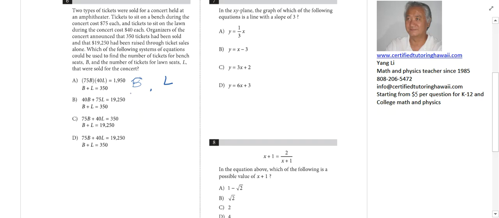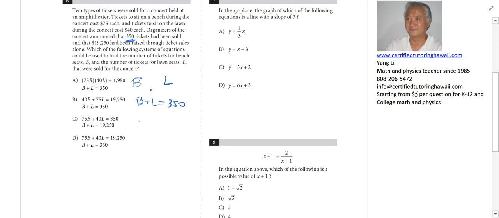Okay, so what we're gonna do is we know that B plus L. They told you the total of how many tickets sold? They told you 350 here. So that's why you have 350. This is the total number of seats sold.